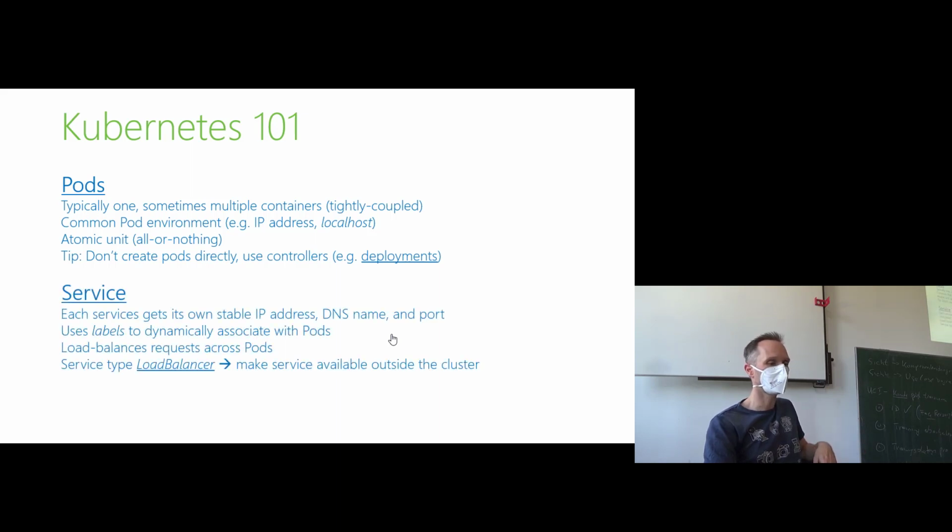Now it's getting more interesting. Pods can have associated services. Services give the pods stable IP addresses. So the pods become available for external access. There are different types of services. There is the so-called node port service.